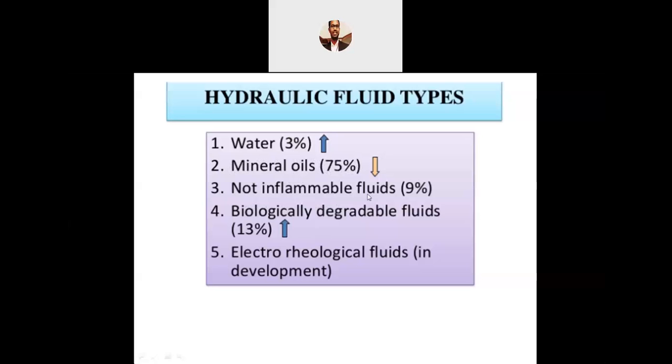Non-inflammable fluids, only 9%. Biologically degradable fluids, like the vegetable oils we use daily. They are all biologically degradable. So 13% are using it. And electro-rheological fluids. This is still under development, still they have not been achieved.